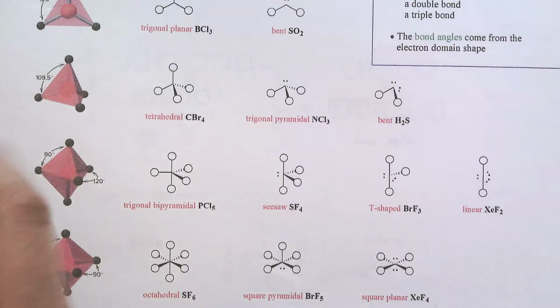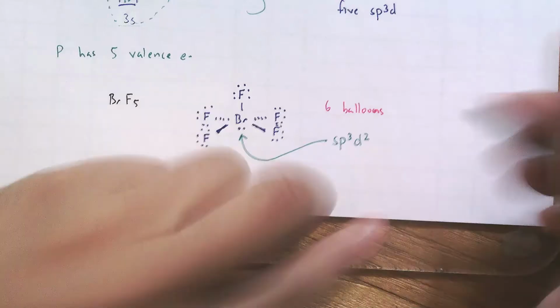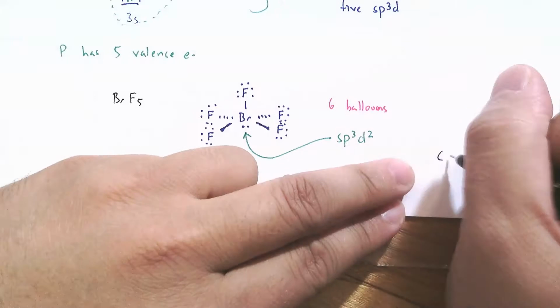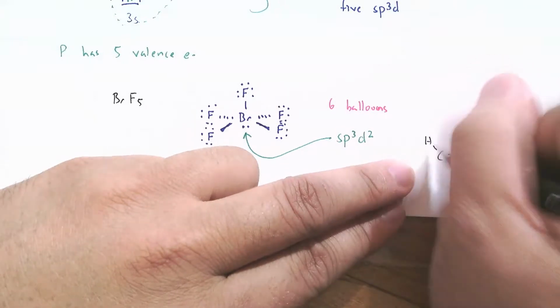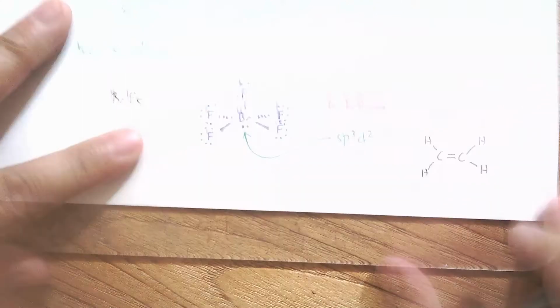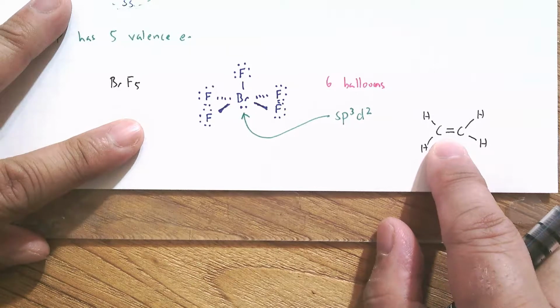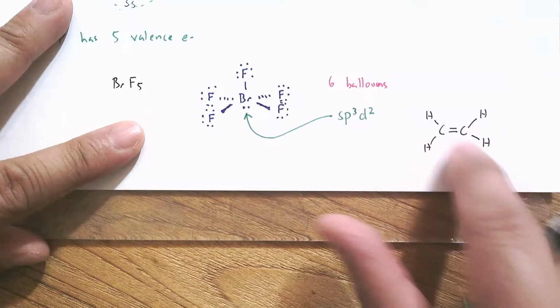There is more to hybridization because we also know that carbon can have a double bond. So let me just write it here in the corner. That is not sp3 hybridized because that carbon has only 3 balloons. The other issue is that we have a double bond.